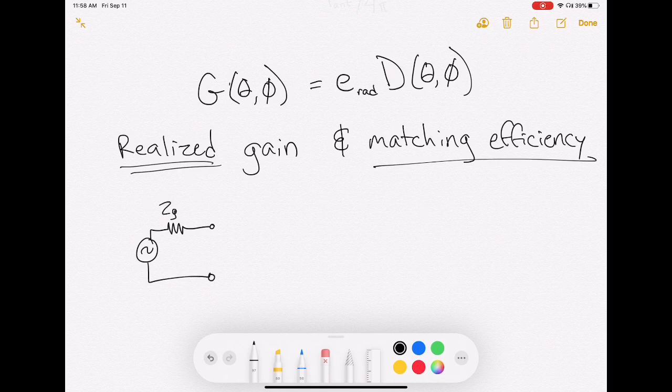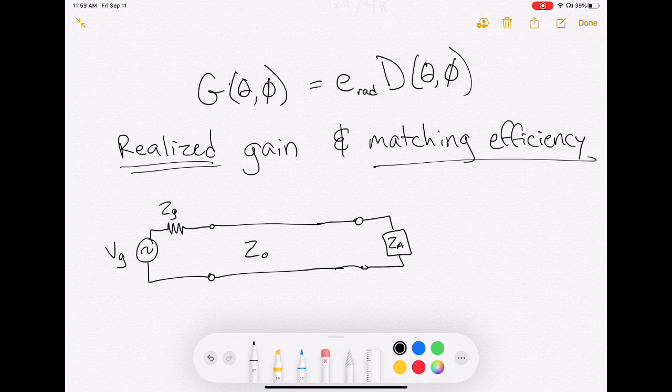We've got our generator here with its source impedance and everything. We've got a transmission line with some characteristic impedance connected to the antenna. If the antenna is not perfectly matched to the system, there's going to be some power that is reflected back from the antenna.